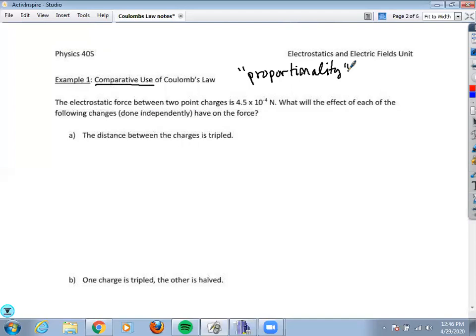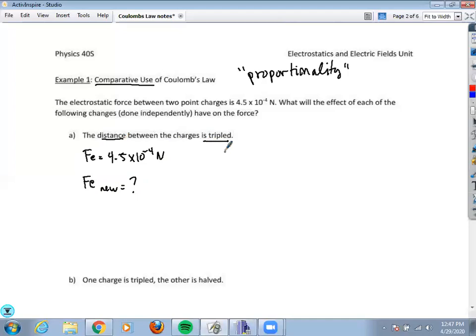Okay, so if we know the force Fe is 4.5 times 10 to the minus 4 newtons, what is the new force going to be if we make these changes? So what if we take the distance and we triple it?